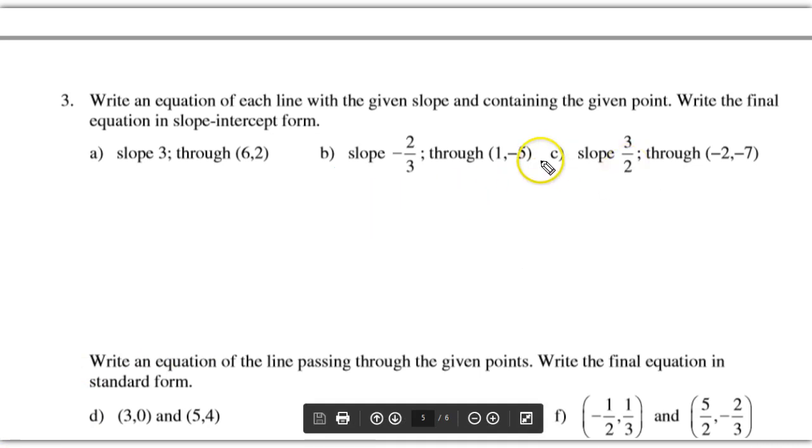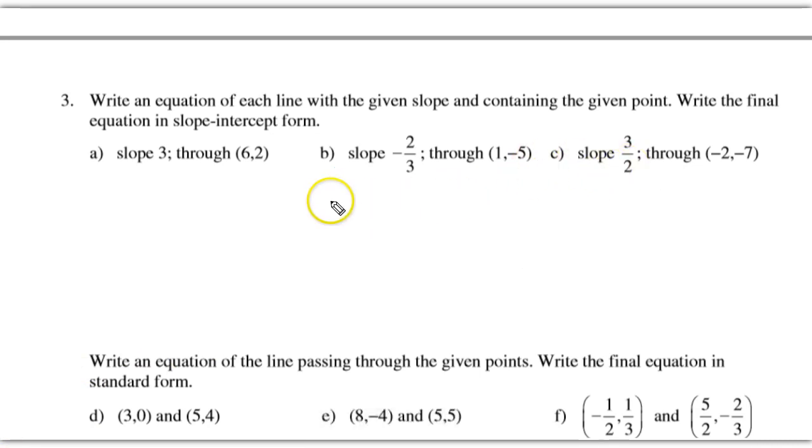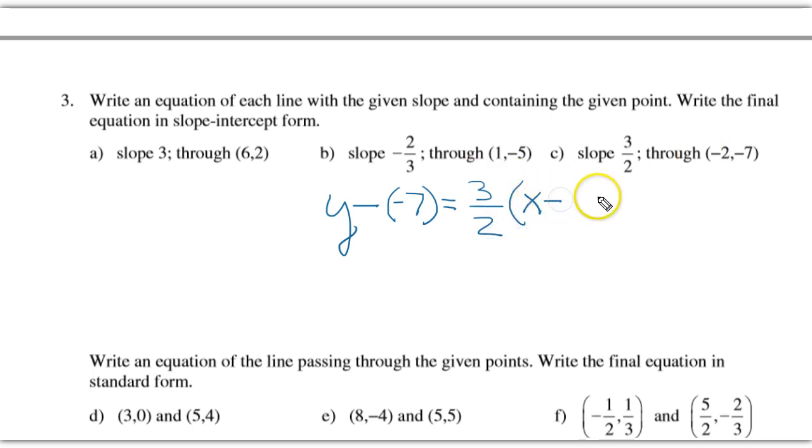Let's go on to example C and fill it in. So it would be y minus, now there's a 7, so I'll put it in parentheses, negative 7, equals our slope, which is 3/2, times x minus, again here this is going to be a minus 2.